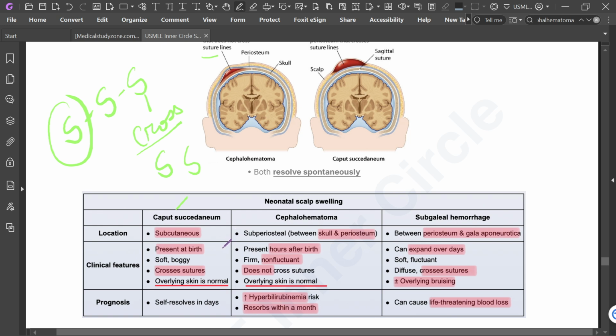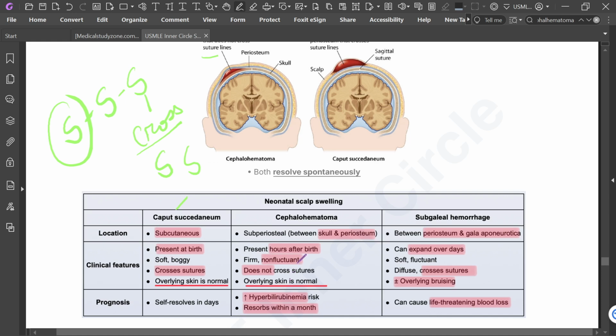It results from birth trauma and typically self-resolves within weeks to months.